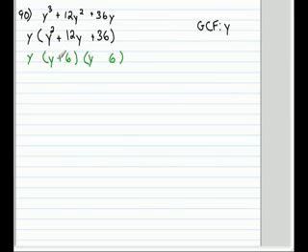They're all positives. Check my middle term. 6y gives me 12y. Okay, so looking good there. So my answer is going to be y times y plus 6 squared.